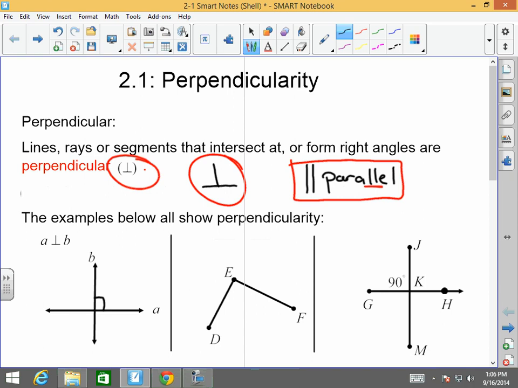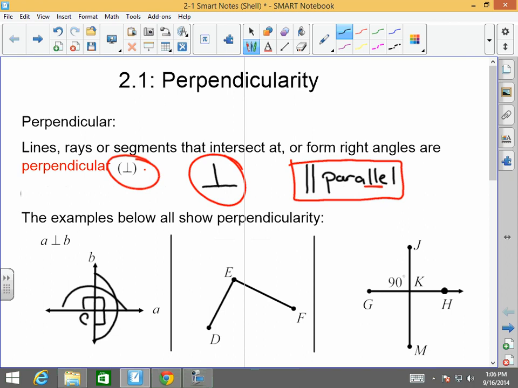What can you conclude if I tell you that line A and line B are perpendicular? If I had a letter C here, you could say angle C is 90 degrees. Because if this is 90, and together they form a straight angle, which is 180, then that has to be 90, and then this has to be 90 because these two form a straight angle.